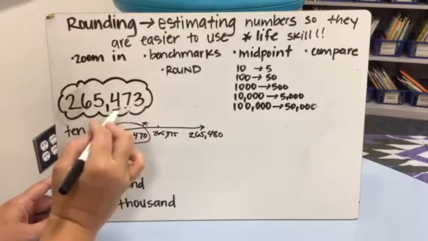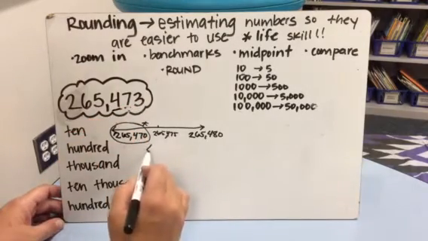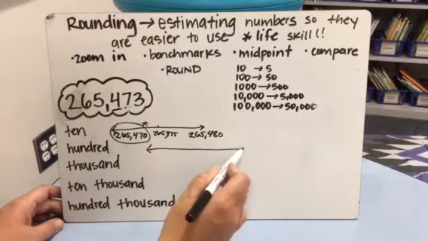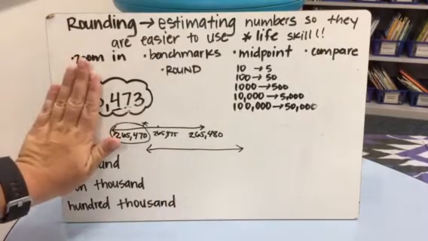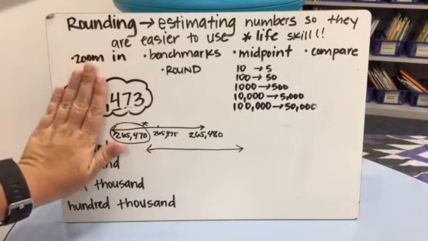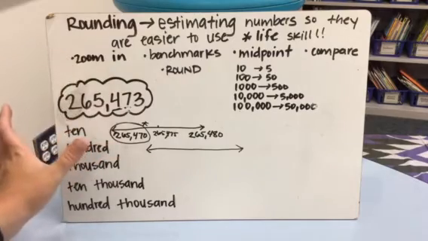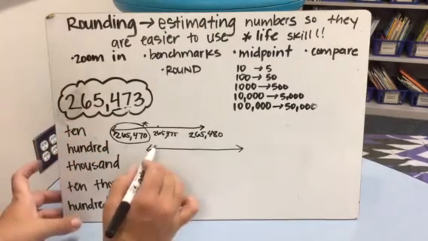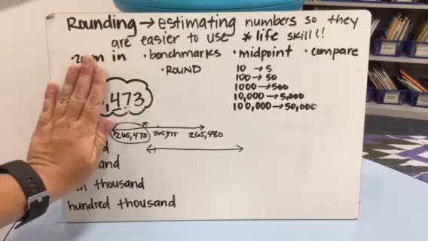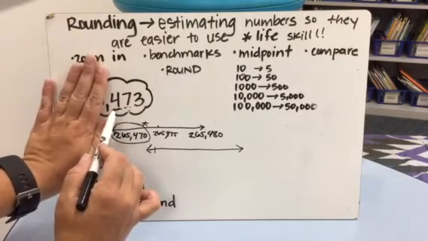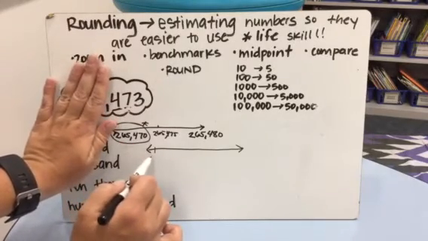All right, let me now round to the nearest 100. So I'm going to zoom in on that hundreds place. We rounded to the nearest 100 in 3rd grade, so it just looked like this, 473. Now I just have some extra digits in the front, but I'm not going to let that worry me. In 3rd grade, I would have said it's in the 400s, so my first benchmark would be 400.